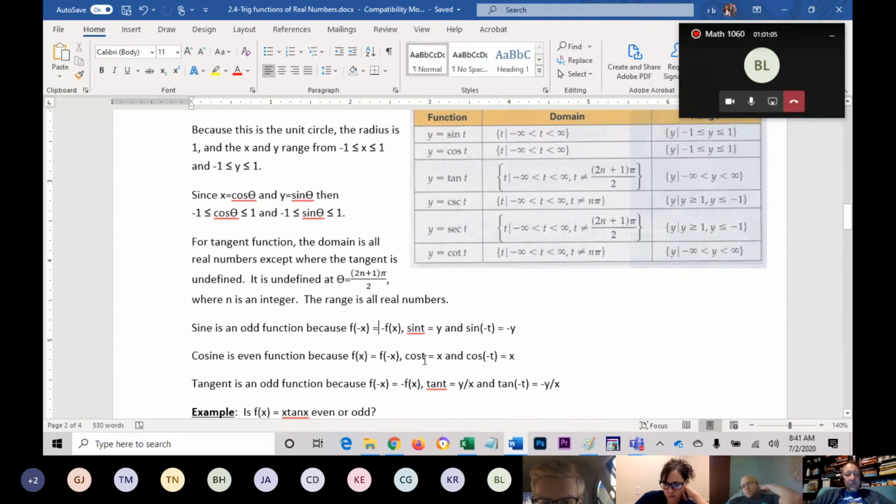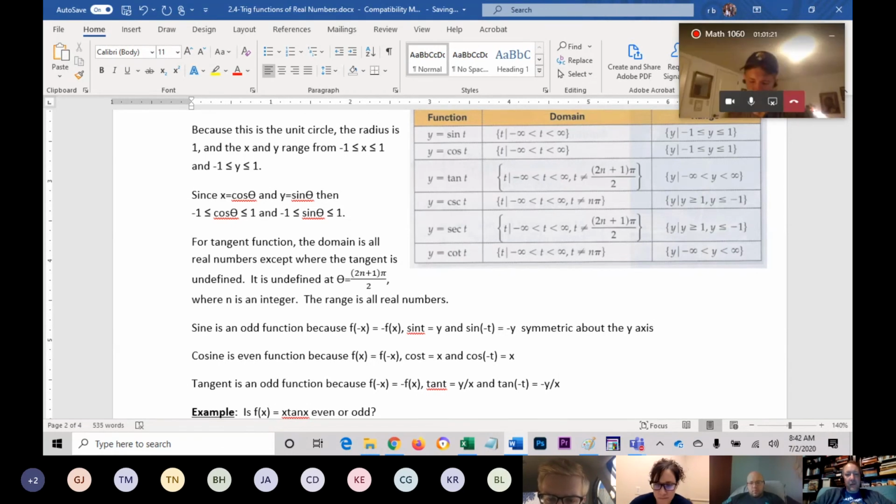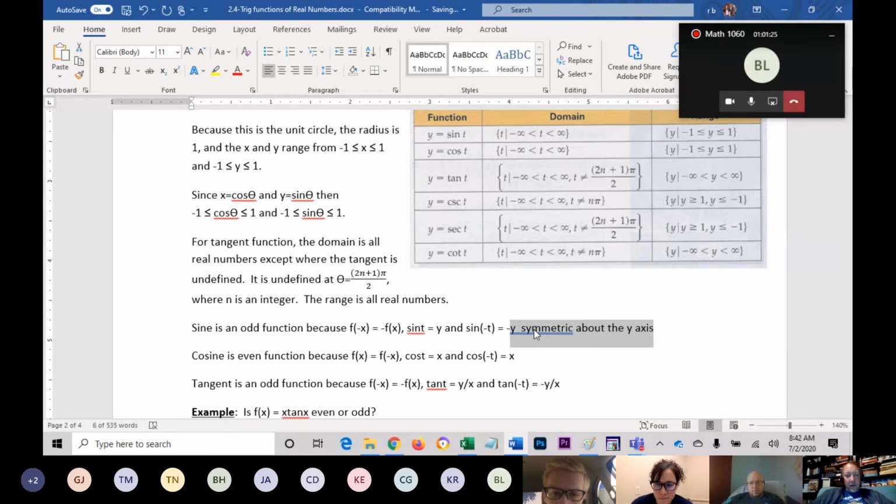Another way to think about odd functions is they are symmetric about the y-axis. Okay, no, sorry, not true. The even functions are symmetric about the y-axis.